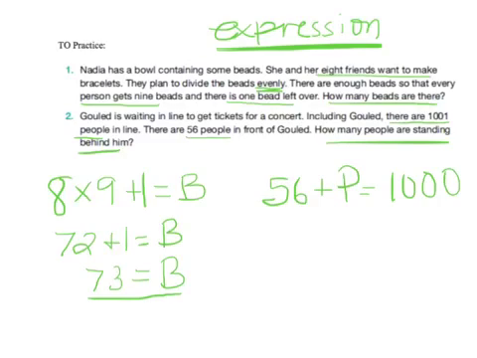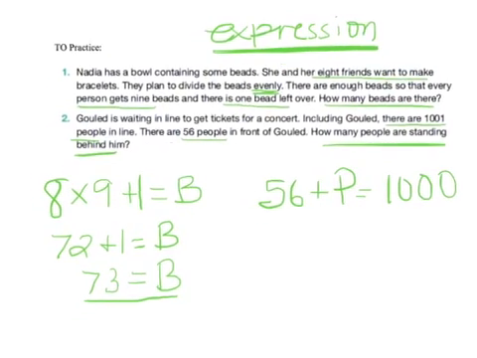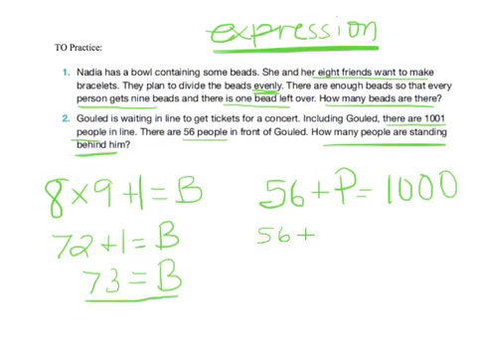Well, I know it has to be at least 900 and something, so I'm going to try 56 plus a little bit less than 50. Let's go 940 and see what we end up with. So 940 plus 56: 6 plus 0 is 6, 4 plus 5 is 9, and 9. So that's 996. I'm 4 short.